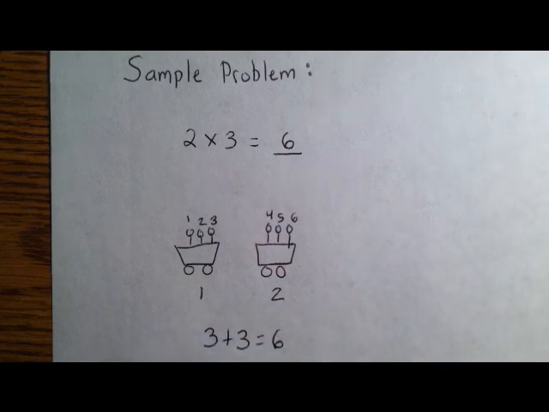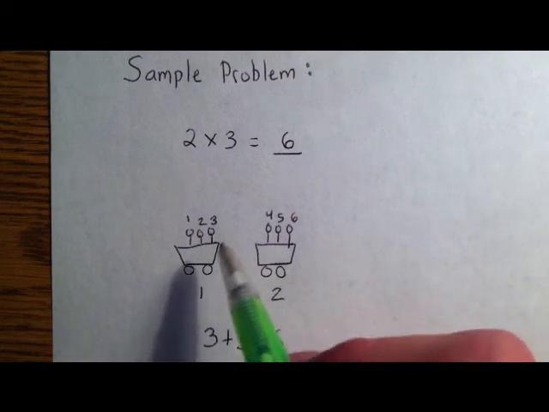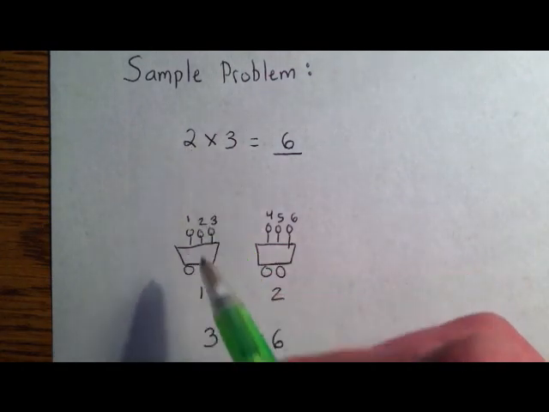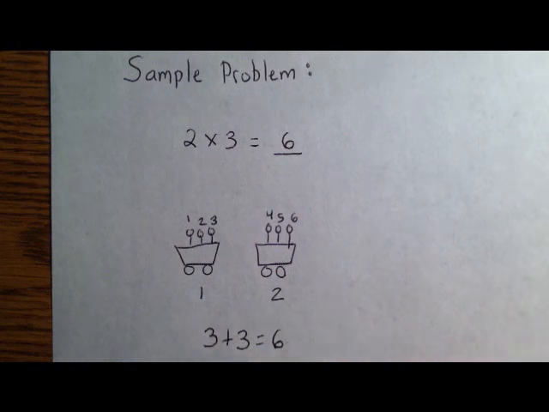So you turn your multiplication into addition, because basically all multiplication is condensed or shortened addition. 2 3s, 1, 2: 3 plus 3 equals 6 if you're expanding it into an addition problem.